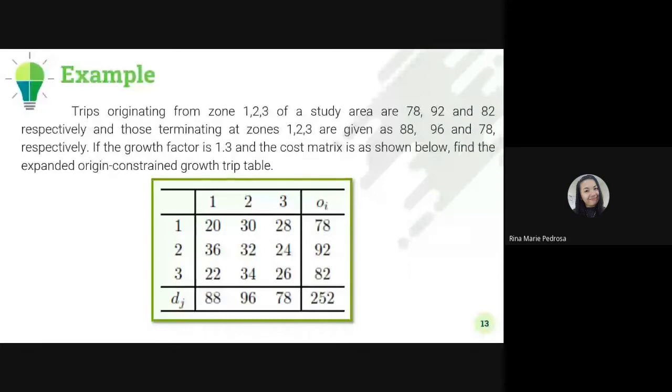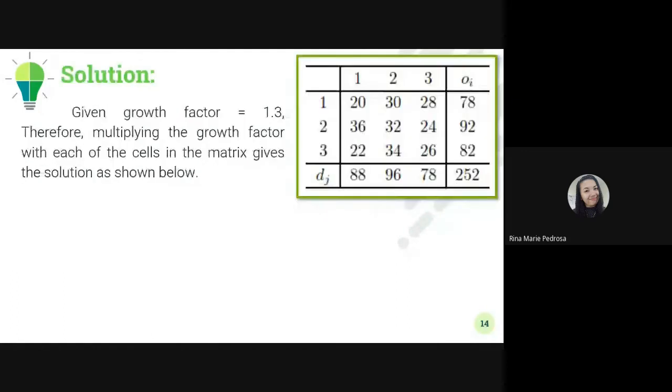Let's have an example to further understand. 78 respectively. If the growth factor is 1.3 and the cost matrix is as shown below, find the expanded origin constraint growth trip table. So we have this table from zones 1, 2, and 3, which is equivalent to 1.3.